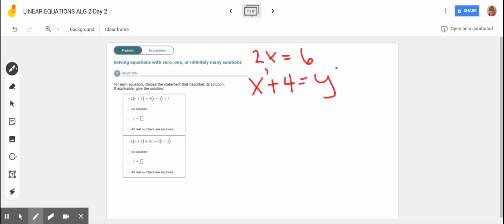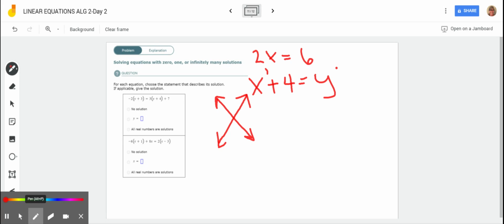So when we're solving linear equations, you can actually have 3 situations that happen. You can have a line that intersects with a line, and you would have one solution. Let's see if it'll let me do it. Nope, it won't let me do it. You can have one solution and it's right there.